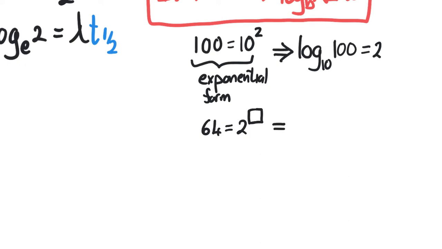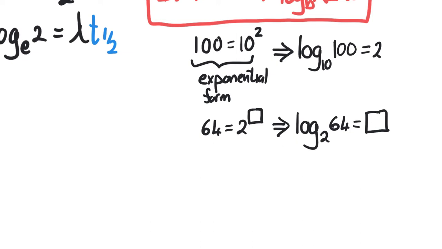Then this implies that the logarithm of the number 64 with respect to base 2 is going to equal that number which, when you raise the base 2 to it, gives you 64. So in this case, what is that number?